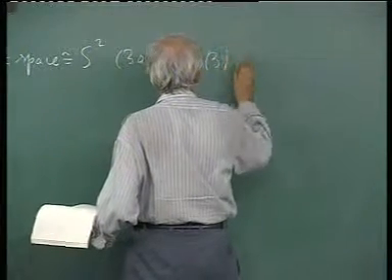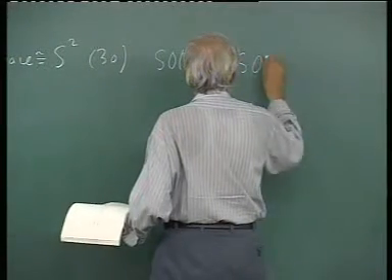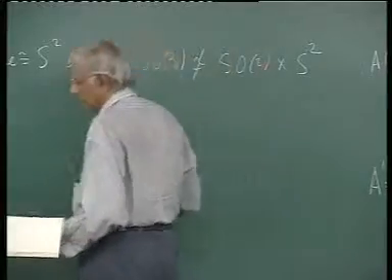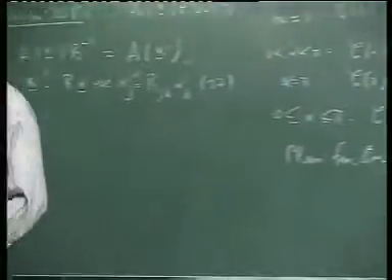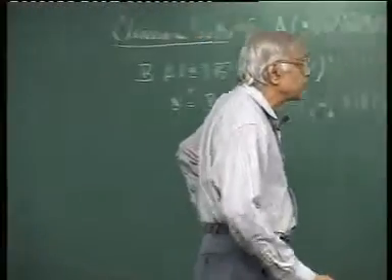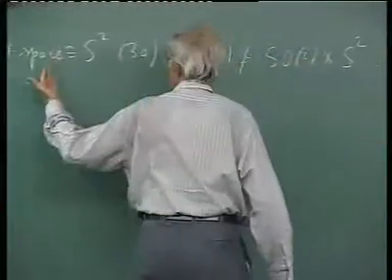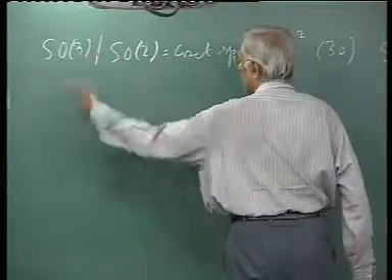From this you cannot say that therefore we should think that globally the rotation group has the structure of the Cartesian product of the subgroup SO2 and the unit sphere. This is not true. This is true, and here it is not a quotient in the sense of group theory.